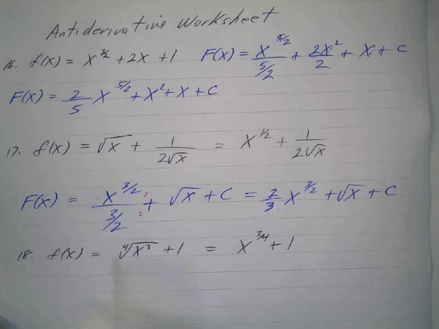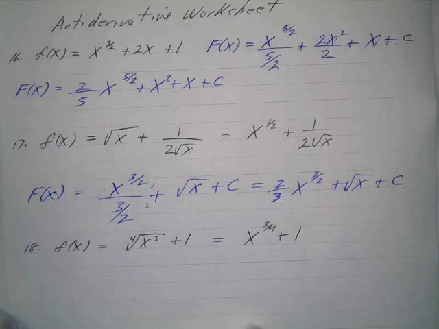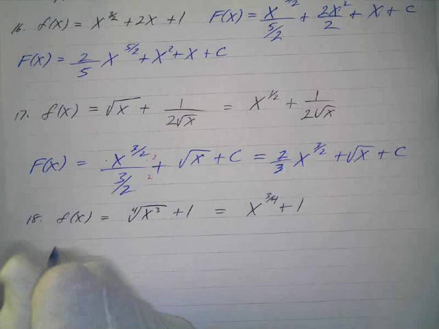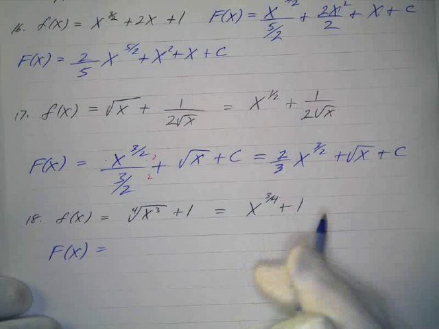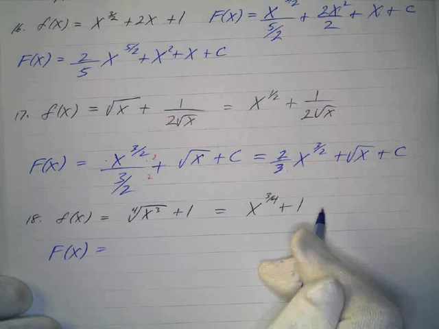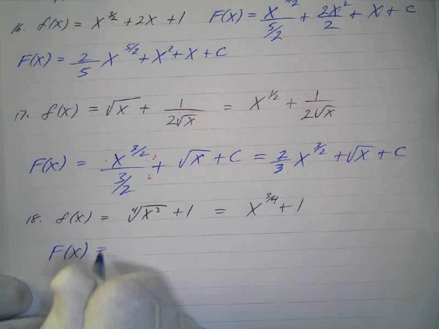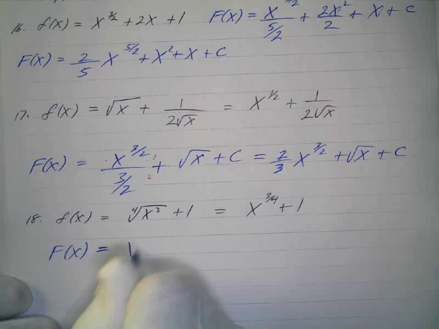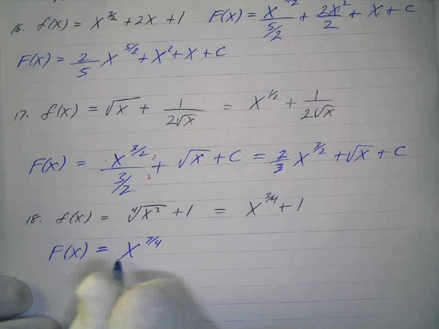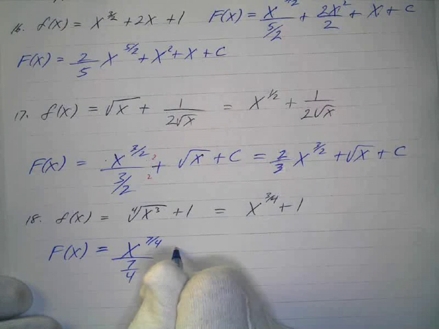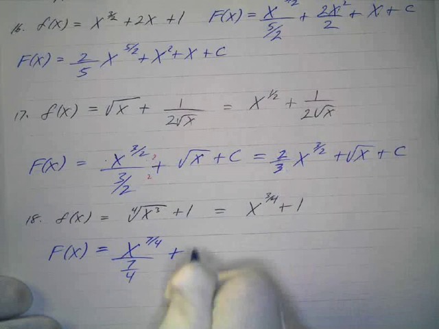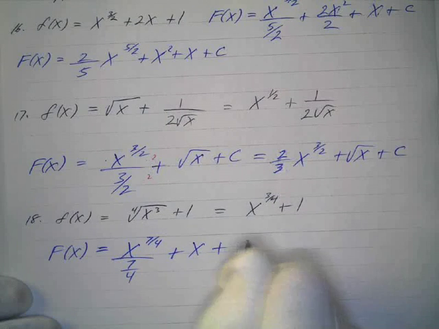Okay, so x to the 3/4 plus 1. So my antiderivative of that would be add 1 to 3/4, so if I add 4/4 to 3/4, I get 7/4, divided by 7/4, plus x plus c.